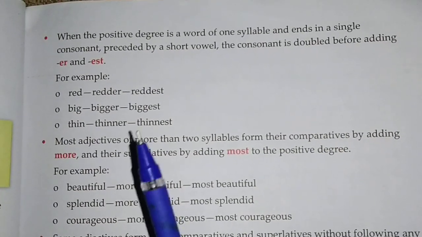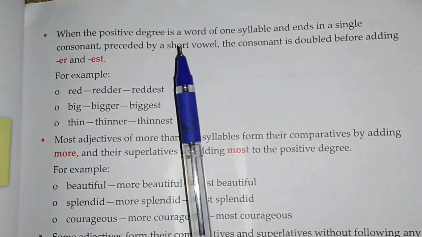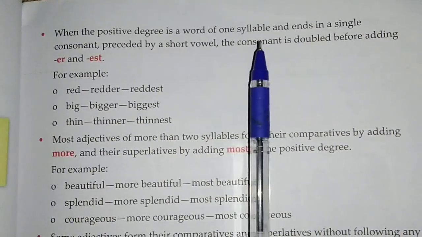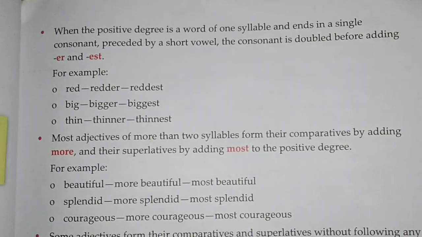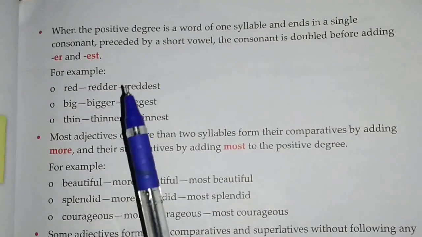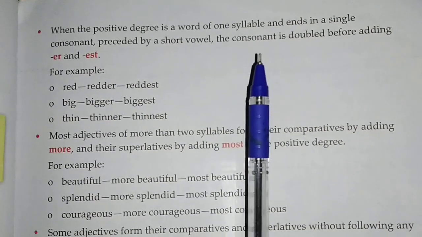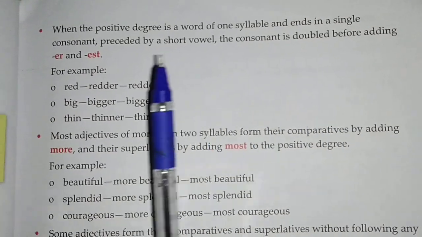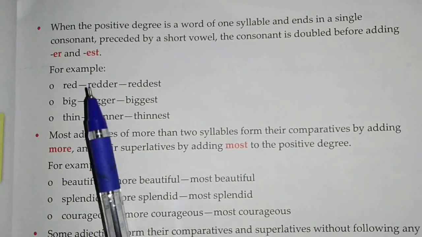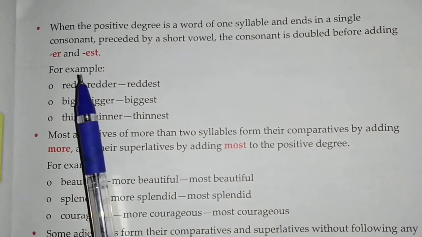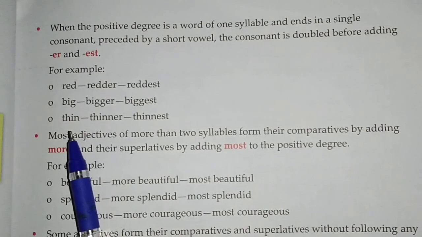Next one is when a positive degree is a word of one syllable and ends in a single consonant preceded by a short vowel, the consonant is doubled before adding ER and EST. It means, okay, look at these words first. When we look at these words, what do we find?